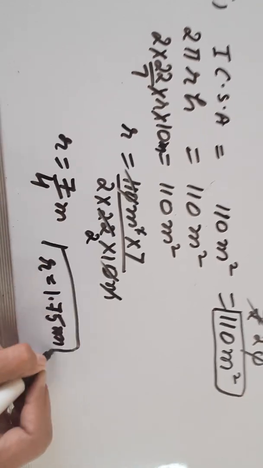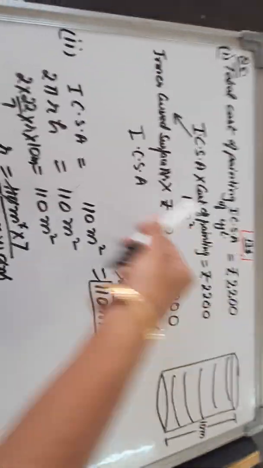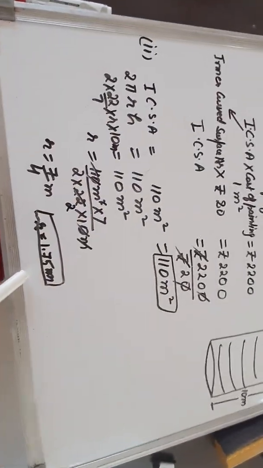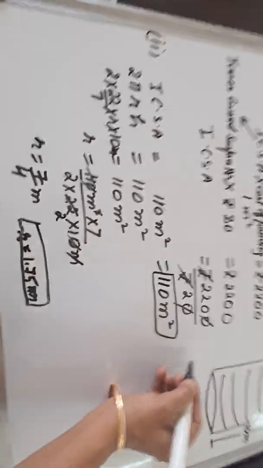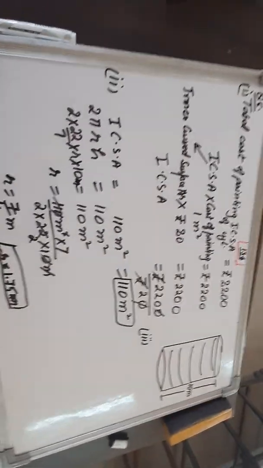So from this we'll get the radius. From total cost we got the inner curved surface area. From inner curved surface area we got the radius. Now in the third part we need to find out the volume of this container. We need to find out the capacity of this vessel.